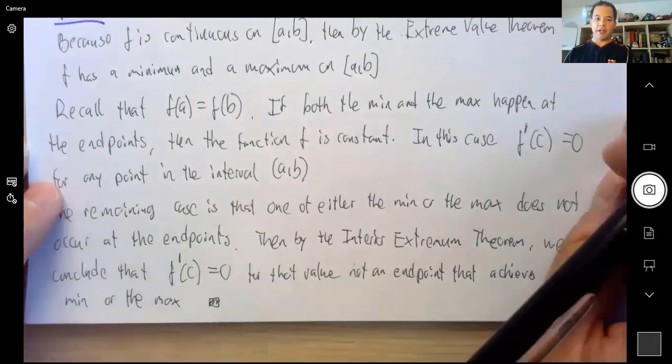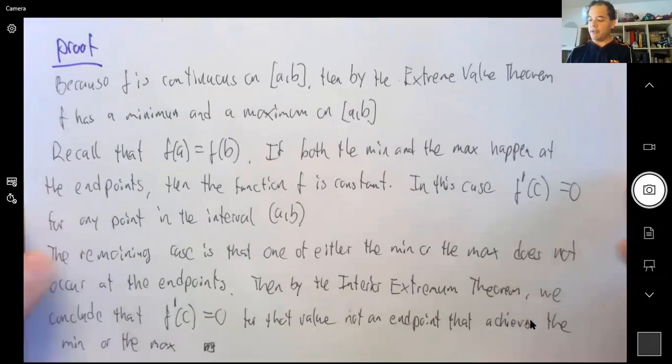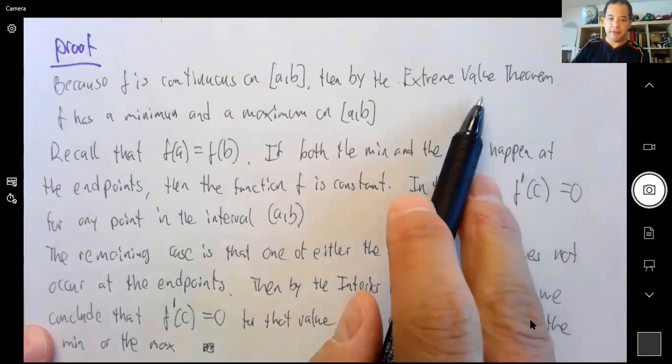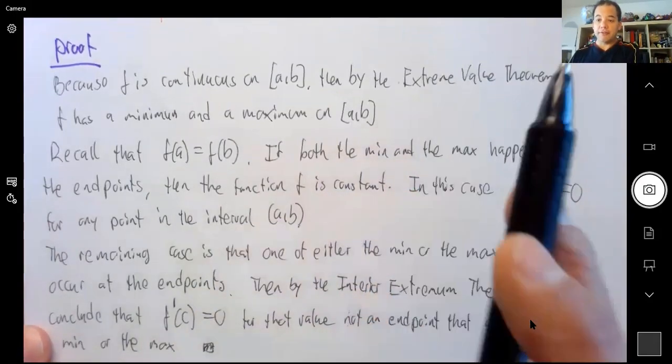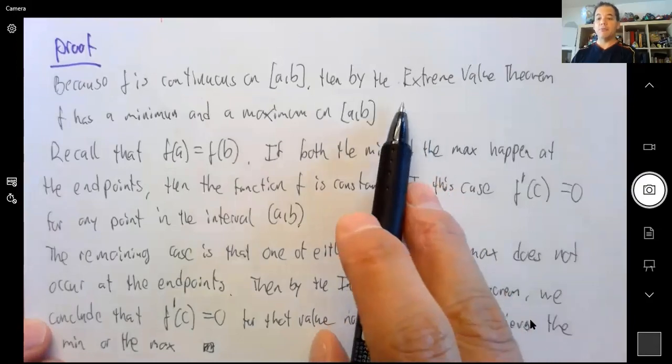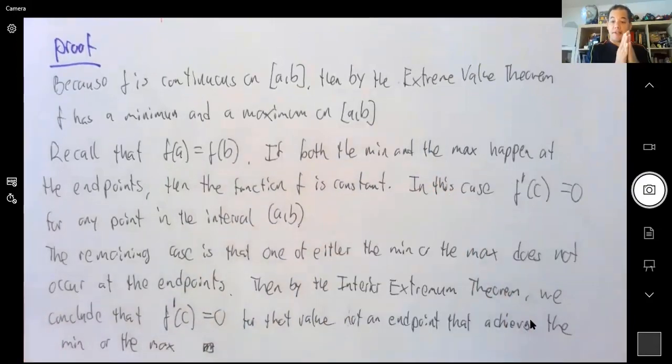Let's go over it again. You know there must be a minimum or a maximum. That's the extreme value theorem. And then two things can happen: the minimum and the maximum happen inside or at the endpoints. If one of them happens inside, we're done, because then we can use the theorem we did at the beginning of the class, the interior extremum theorem, and that theorem says that the derivative at that point will be 0.